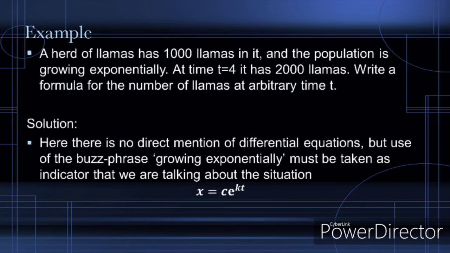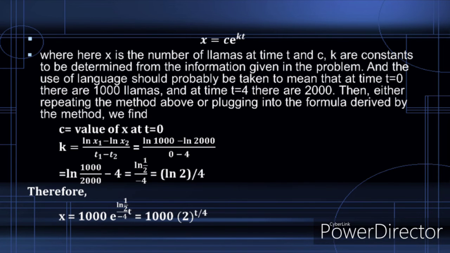Solution. Here there is no direct mention of differential equations, but the use of the buzz phrase growing exponentially must be taken as an indicator that we are talking about the situation of x equals c e to the power of k t, where x is the number of llamas at time t, and c and k are constants to be determined from the information given in the problem.